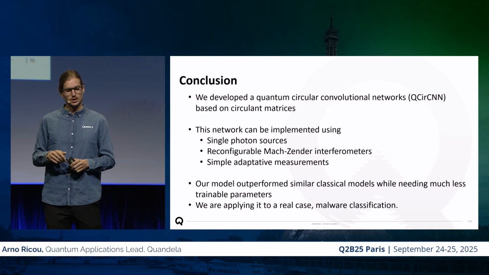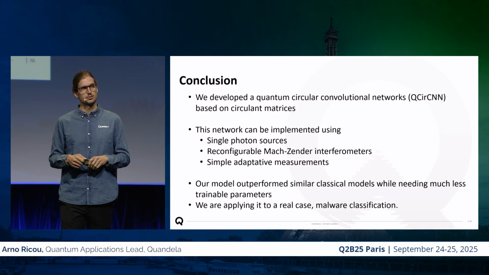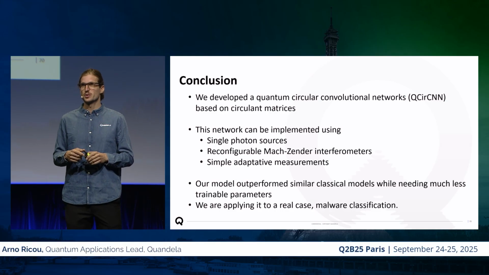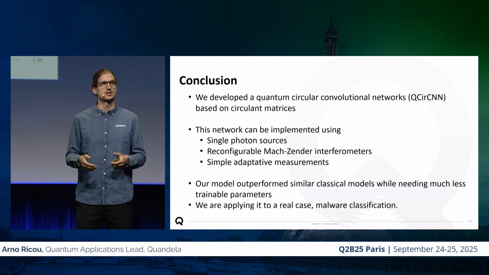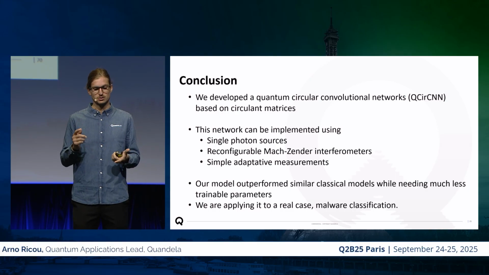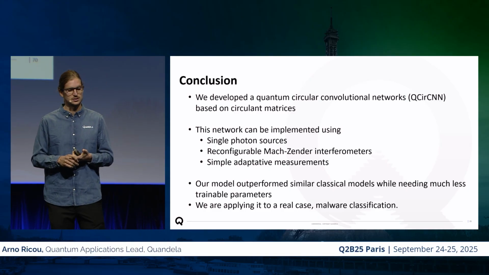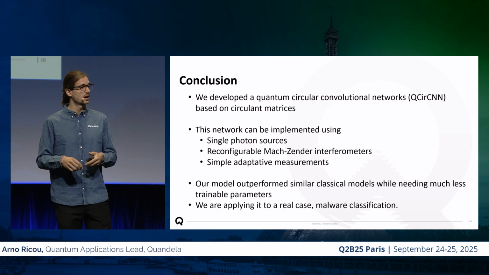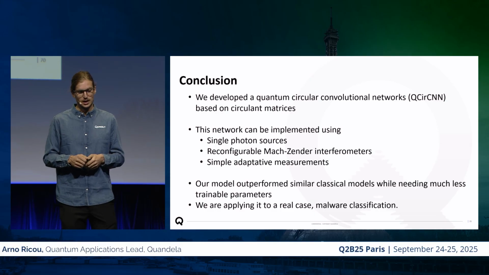So as a conclusion, we developed a quantum circular convolutional neural network based on circulant matrices. This model is quite elementary. It can be implemented with the basic single photon source that we have at Quandela, reconfigurable Mach-Zehnder interferometers, and simple adaptive measurements that are actually being tested in the lab now.